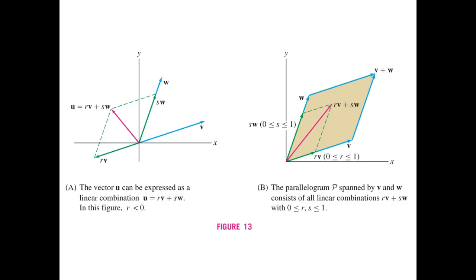Okay? So that means R is any positive number, or 0, and S is any number less than 1.